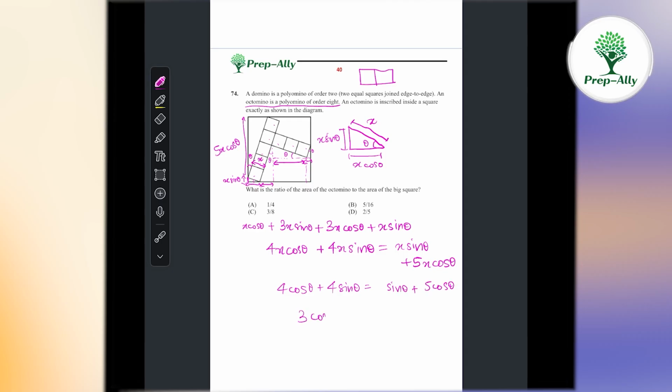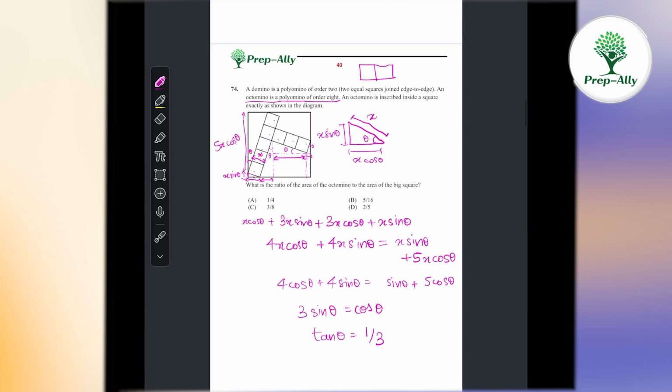So we have 3 cos theta equals, what do we have? We have 3 sin theta equals cos theta, right? So we have tan theta equals 1 by 3, and the area of the domino.